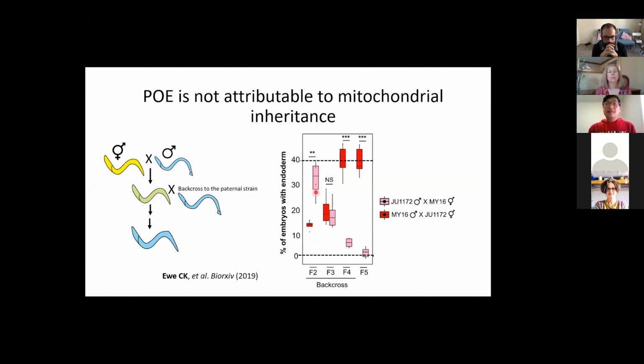However, despite the strong POE we saw initially, this effect quickly disappeared as more paternal genetic material was introduced, and by the time we hit F5, the phenotypes are indistinguishable from that of the paternal lines, again showing that POE is not due to mitochondrial inheritance.